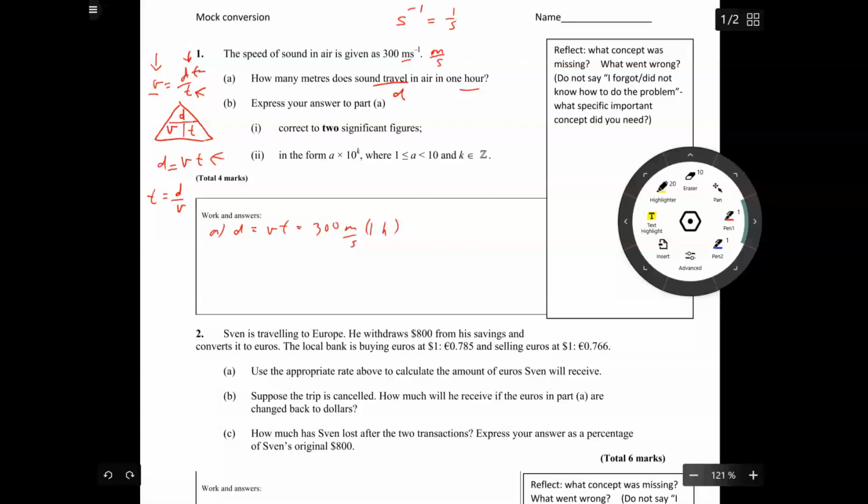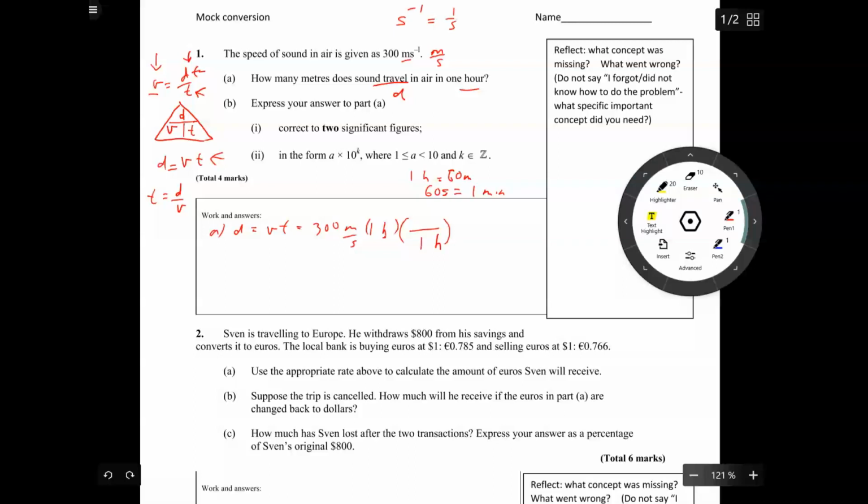So what I'm going to do is a unit conversion, and I'm going to use the domino. 1 hour equals 60 minutes. Okay? And then after that, I'm going to use another domino that says 60 seconds equals 1 minute. So if I have hours on top, I need to put hours on the bottom.